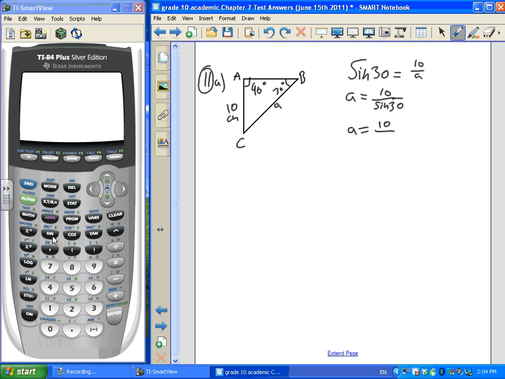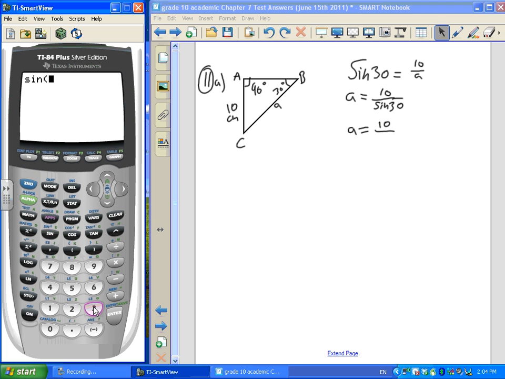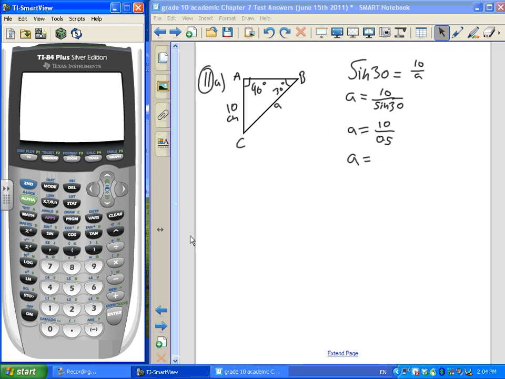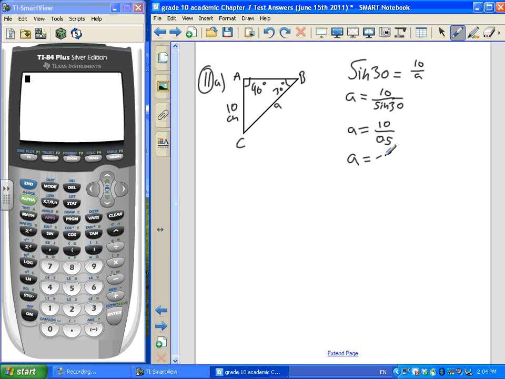Sine 30 is 0.5. 10 divided by 0.5 is 20. So the measurement of the hypotenuse of this triangle is 20 centimeters.